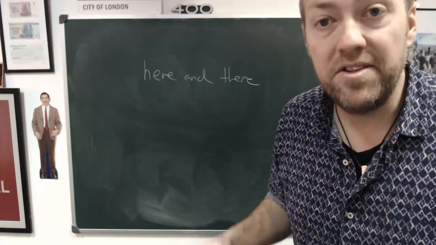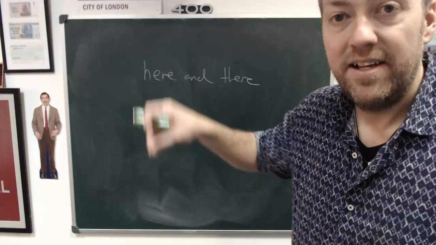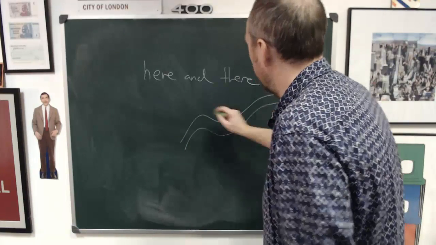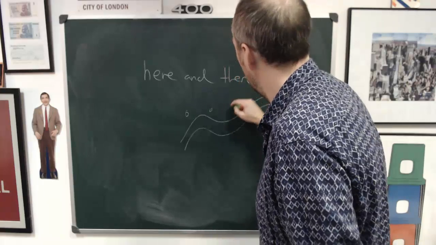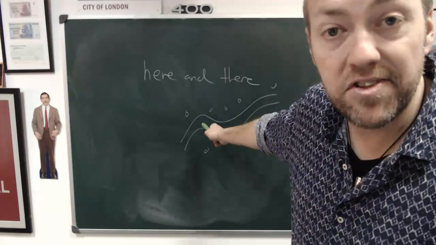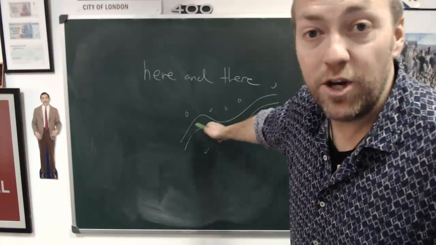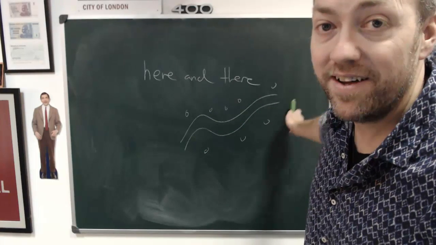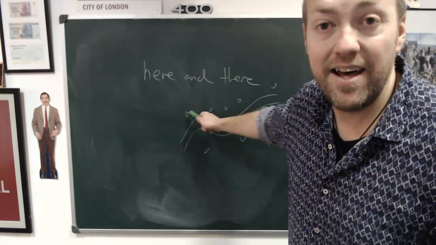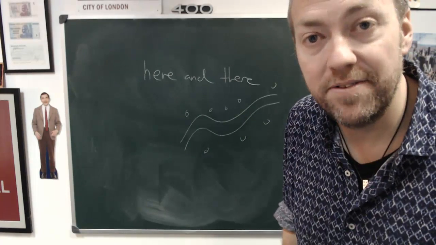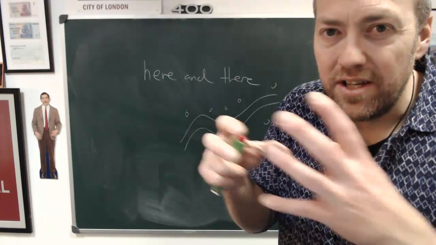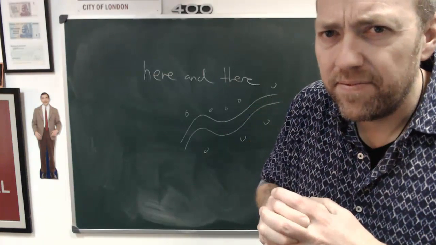Here and there means like, okay, imagine. Imagine that this is a river. Here we have a beautiful river flowing through the city, okay? And here are some houses, okay? Some houses. But the houses are not concentrated together, okay?